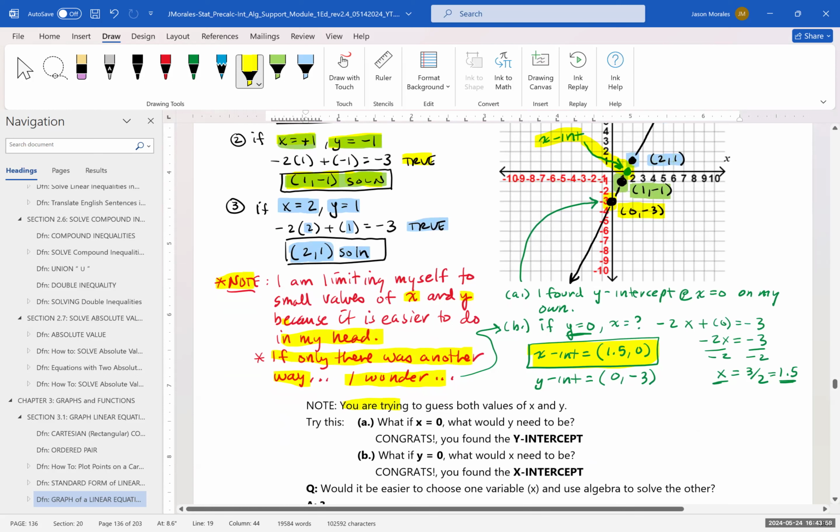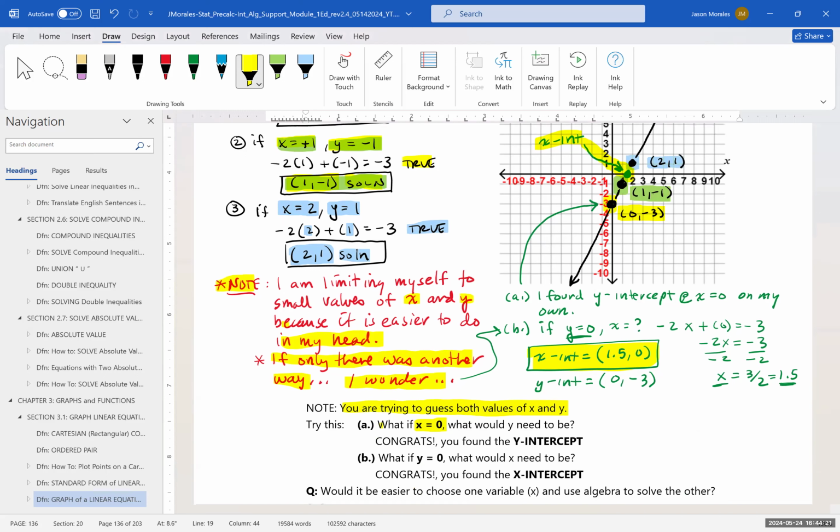Note, we are trying to guess both values of x and y. Guessing is only going to get you so far. But what we can do is find the x and y intercepts for our linear equation. For example, if x is equal to 0, what would y need to be?